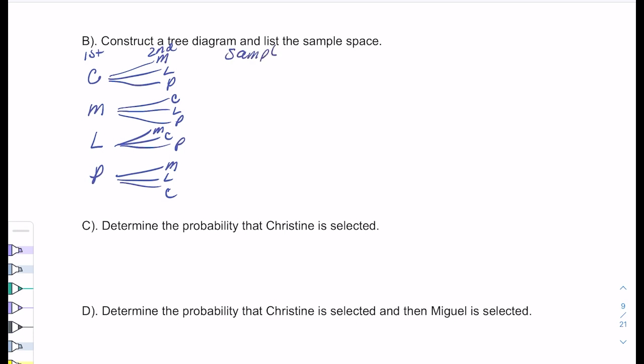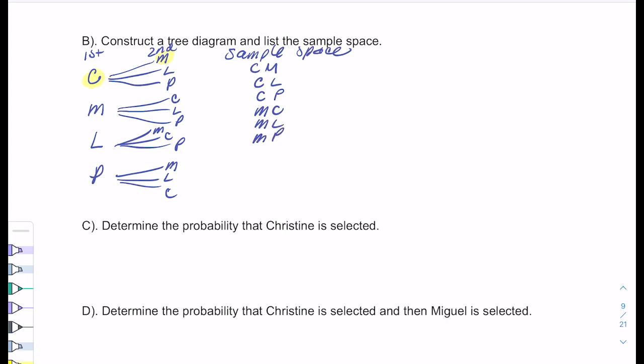So my sample space is going to be each of these combinations. So first I'm going to have Christine and Miguel. And then I'm going to have Christine and Lavan, and Christine and Priyanka. And then I'm going to move down to the M's and just go straight across. You've got Miguel and Christine, Miguel and Lavan, Miguel and Priyanka.